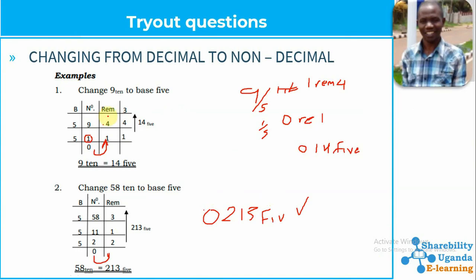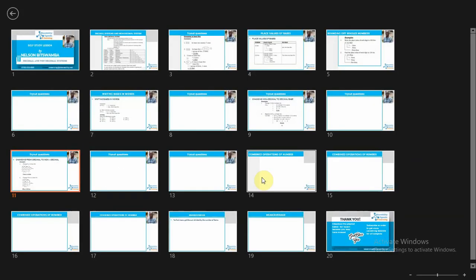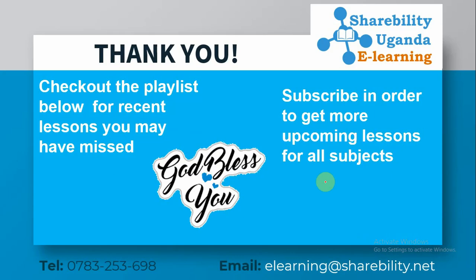This method is quite simpler, and I recommend you use it. It is all about changing to base 10, from base 10 to base 5. We shall also be looking at some more examples, such that we can get conversant with the bases and move ahead with some other topics.